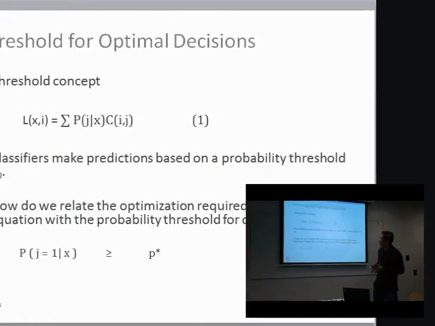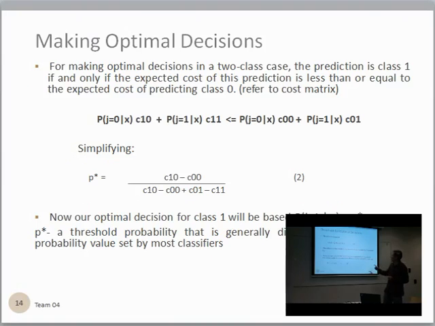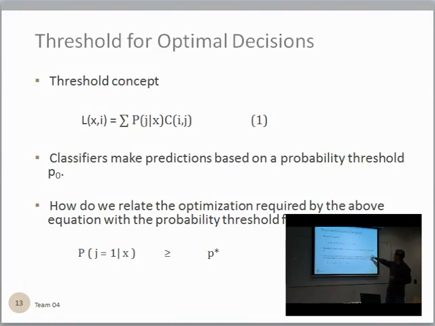The value that needs to be minimized in this equation is the cost of predicting a certain outcome. We can see that classifiers make predictions based on a probability threshold P0, like in standard non-cost sensitive classifiers.